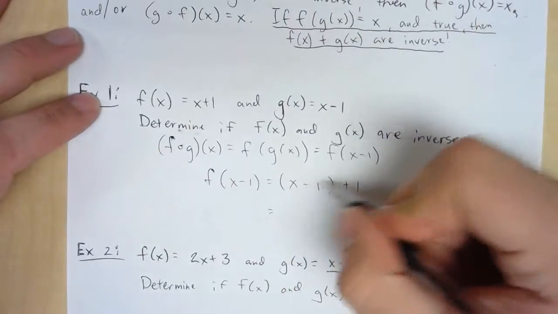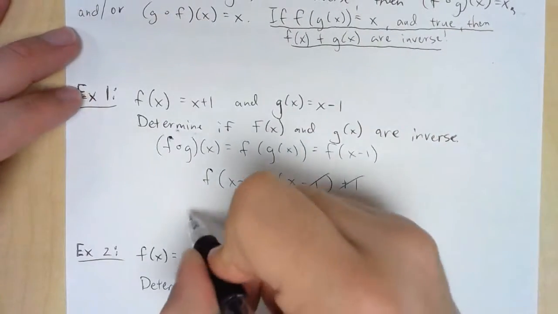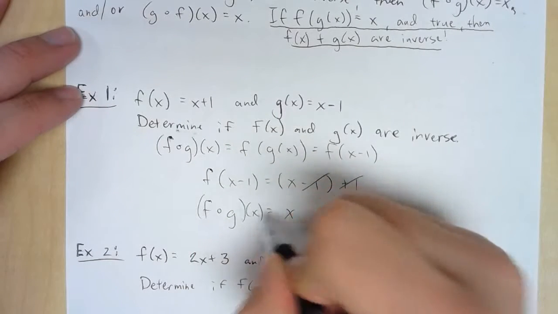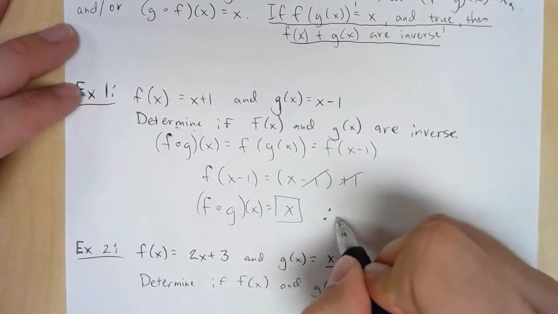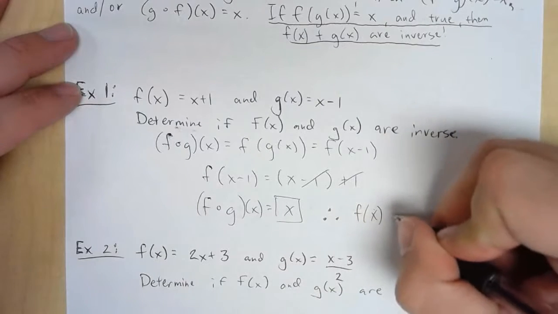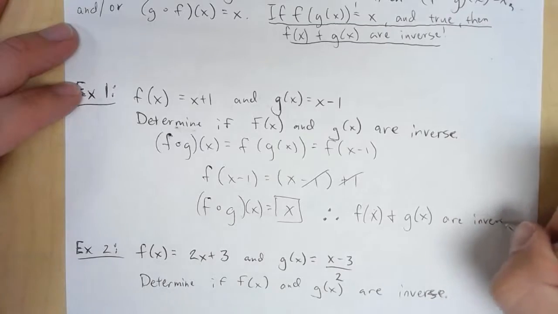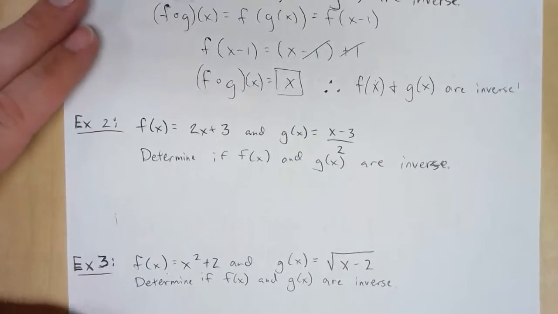We know that negative 1 plus 1 is going to cancel, so we're left with just x. So because f of g of x gives us just x when we simplify it, therefore, which is what the three dots say, we can say that f of x and g of x are inverse. Woohoo! It worked!